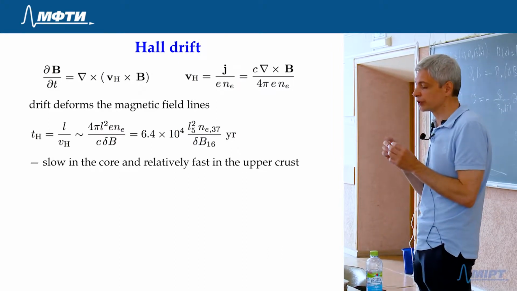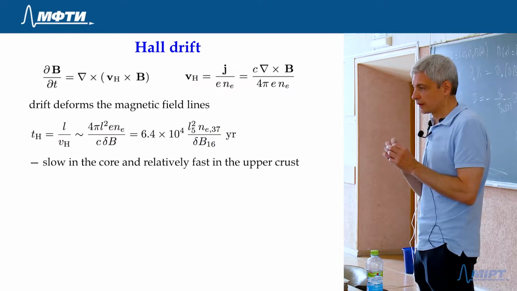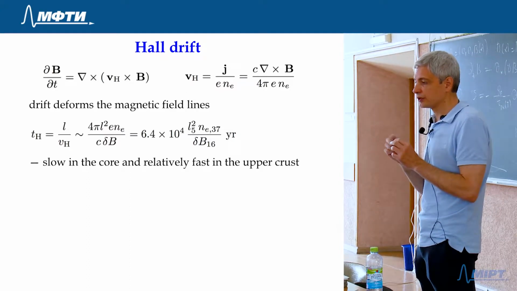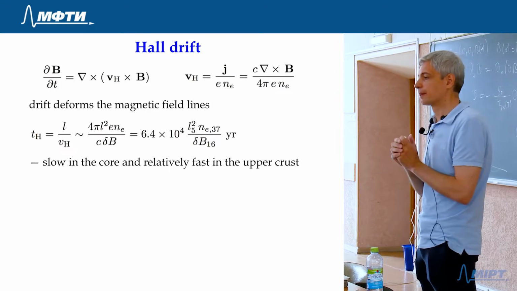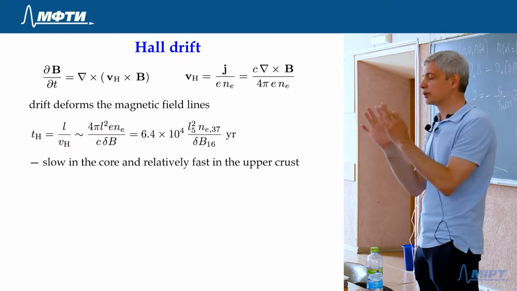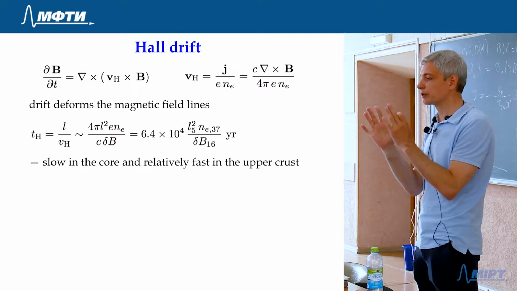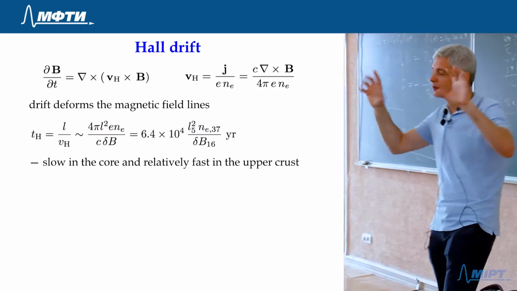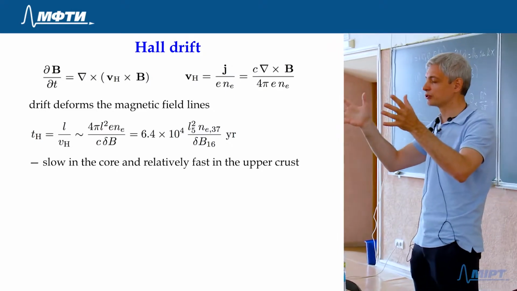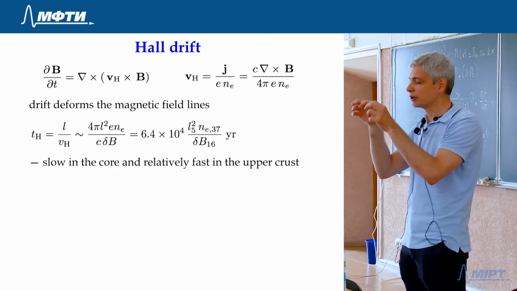Now, what is the Hall drift? Just let me remind you. The Hall drift is the motion of magnetic field lines together with the electrons with respect to the protons. So let's not be confused here again. Ambipolar, the important aspect of neutron stars is that it has interesting composition.